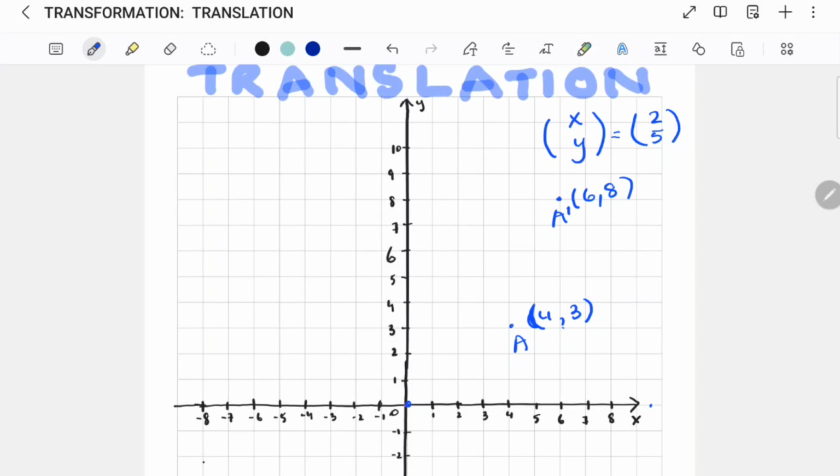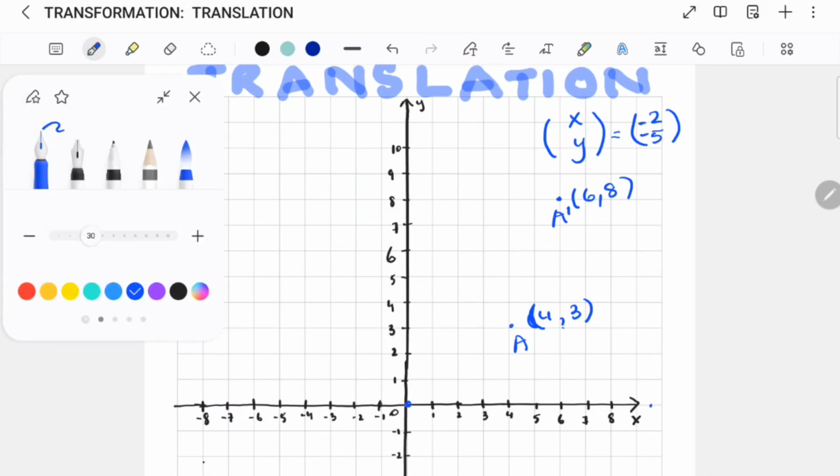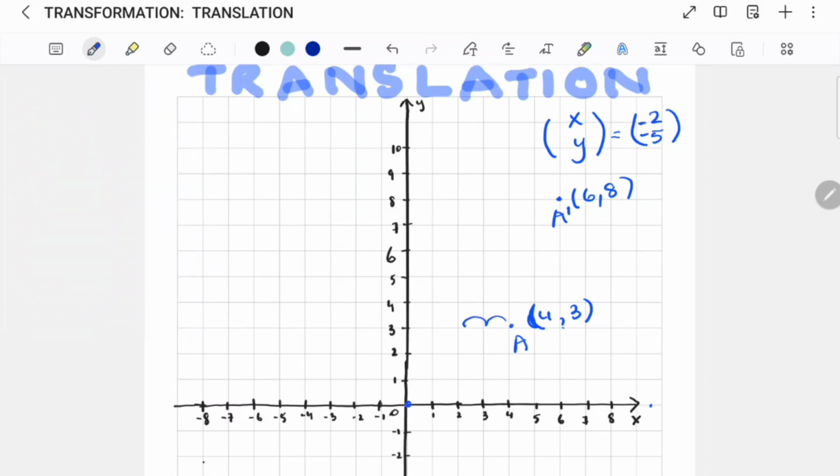For example, I'm just changing the translation vector to negative numbers: minus 2 and minus 5, both of them negative. So moving 2 steps towards the left, 1 and 2, this is minus 2, and then down 1, 2, 3, 4, and 5.